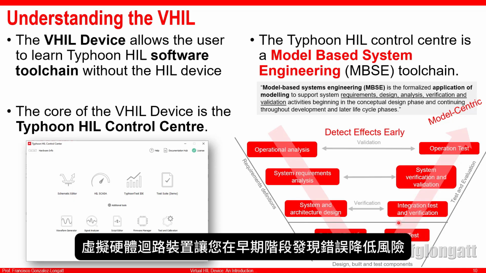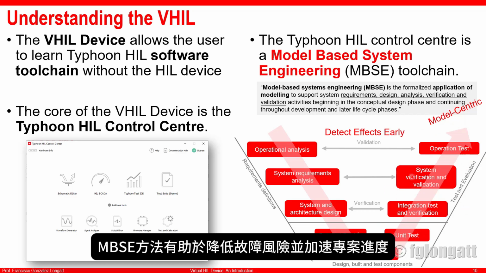Then we start with the implementation, building the prototype. And if we have a mistake, this can be expensive. But the worst case scenario is if you have an error or a mistake during the test and evaluation, that will be a disaster.